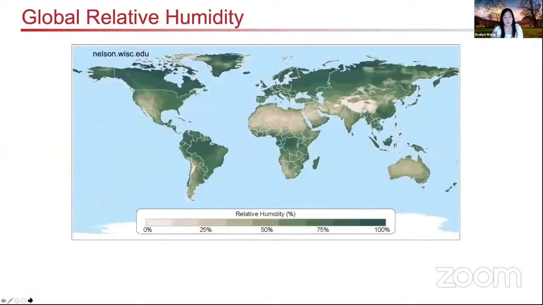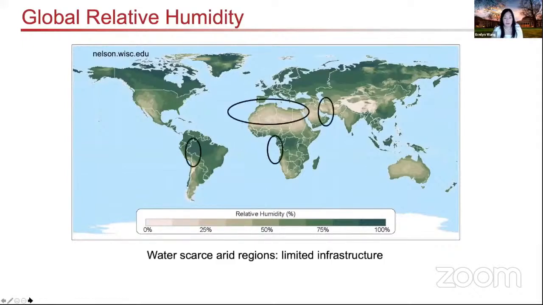We can also look at the world map of global relative humidity. You can see that there are certain regions in the world that are quite arid in climate. And in a lot of those regions, there is also very limited infrastructure.